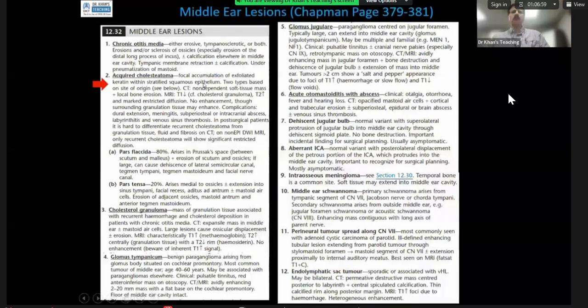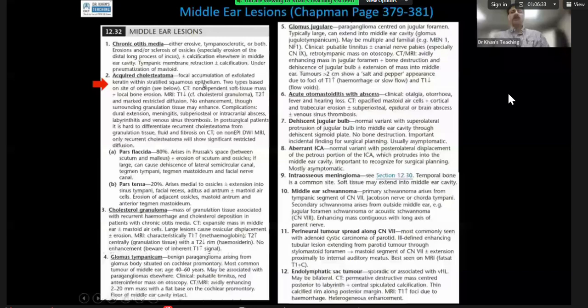Surrounding granulation tissue can enhance. Key point to remember is that cholesteatoma on MR will show restricted diffusion. This is a key point to remember. Actually, you remember in CNS, we have done epidermoids. Now, histologically speaking, epidermoid is the same thing as cholesteatoma.